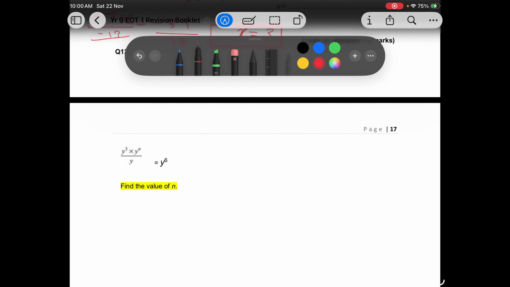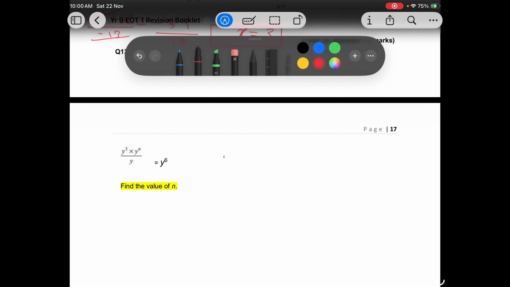So I need to find the value of n, so y to the 3 times y to the n over y simplified to y to the power of 6.